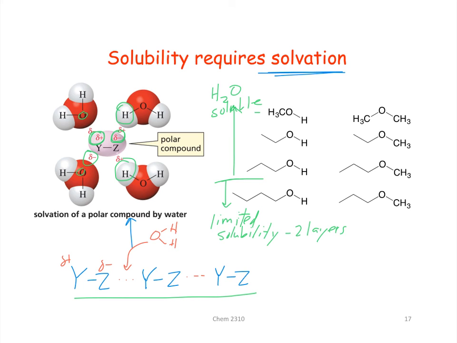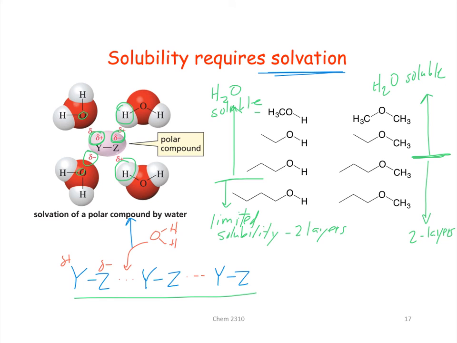So we have dimethyl ether, which is small. Methyl ethyl ether, then methyl propyl ether, and it turns out when we get to this point, these are water soluble, and these form two layers, limited solubility.